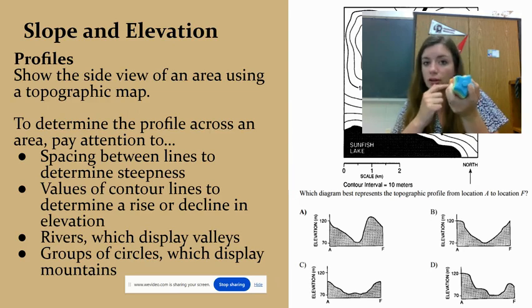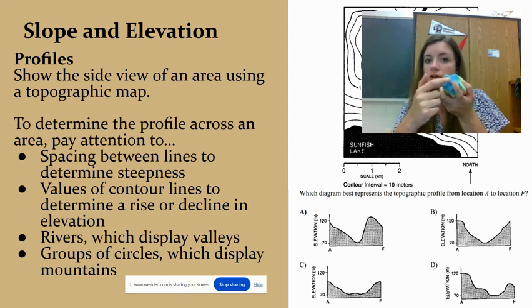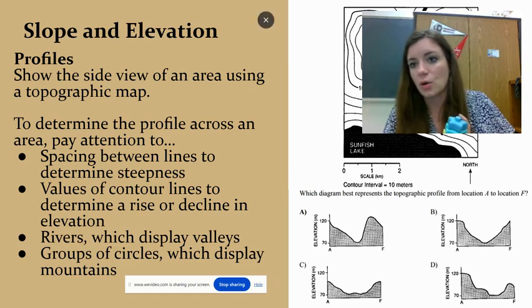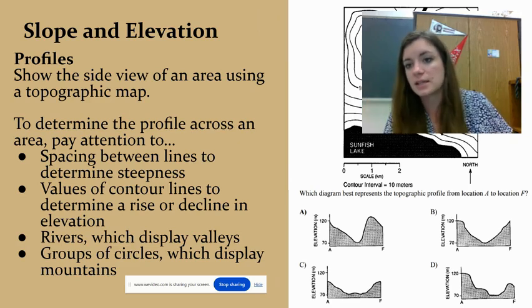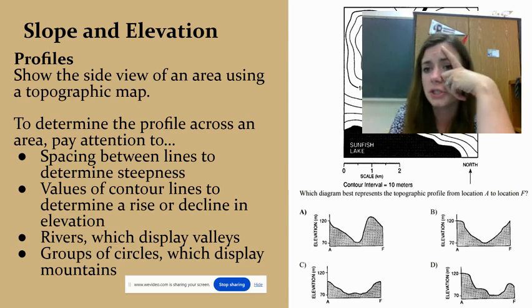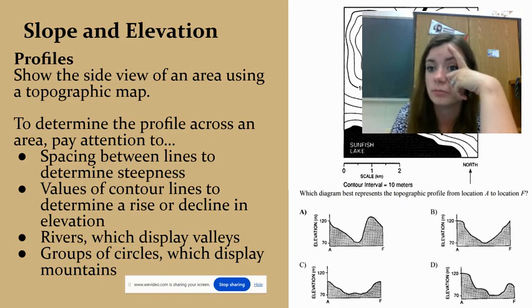So whenever you see that group of circles, the smallest circle, which is the interior most one, is the highest elevation. So since I'm going towards that smallest circle, I'm going up the mountain. So 100, 110. Okay, F hasn't quite reached 110. So it's somewhere in between 100 and 110. Could be 101 to 109.